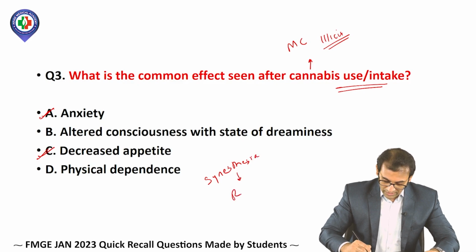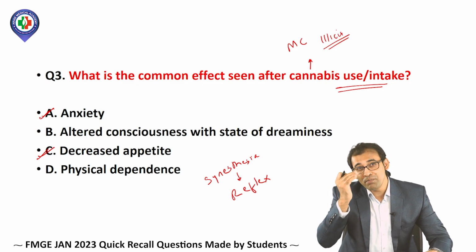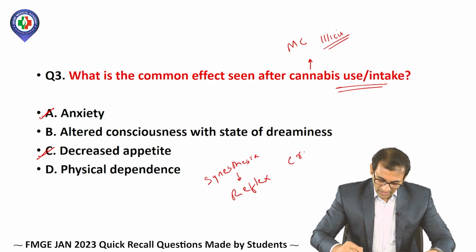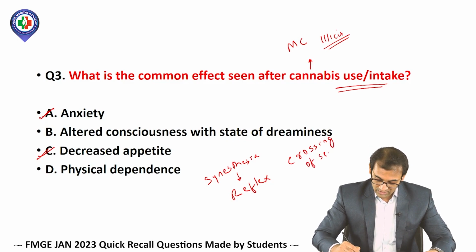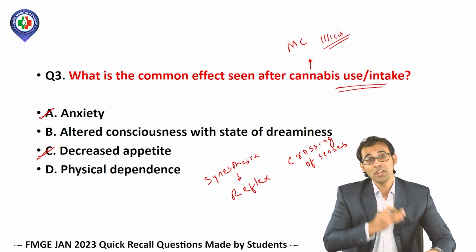It is also called reflex hallucination. The patient can say, I can see music, I can hear light. So what has happened to the patient? In synesthesia, there will be crossing of senses.